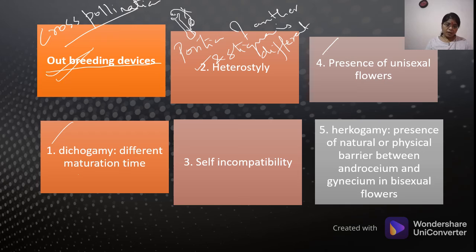Now self incompatibility is a feature where the self pollen grains are not promoted to fertilize the egg. So the same pollen won't be able to grow on the stigma, and this is a genetically determined factor.